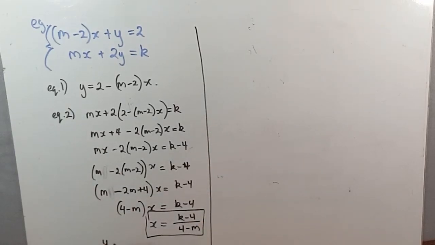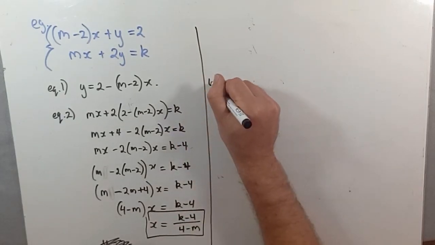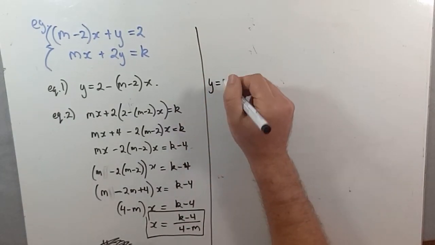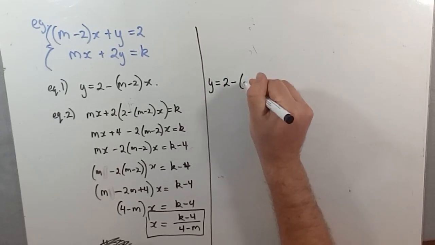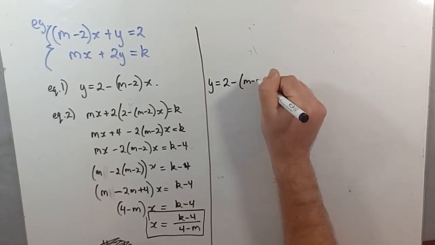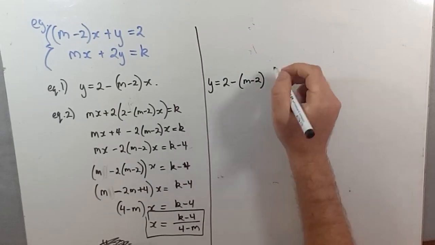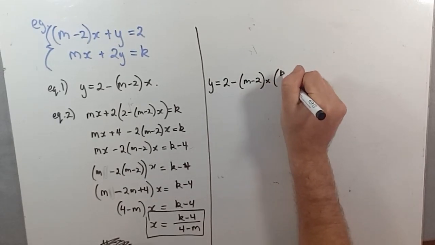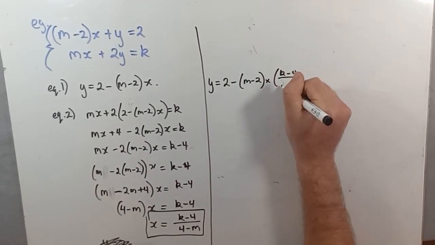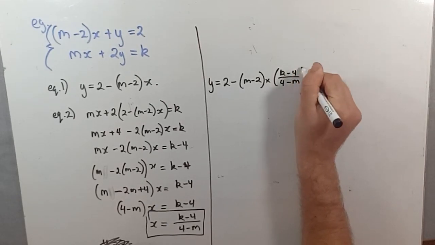Let's see. y equals 2 minus... Oh no, this is going to take ages. All right, forget that idea. Let's do it up here. y equals 2 minus m minus 2 times x. Now x is equal to k minus 4 over 4 minus m.